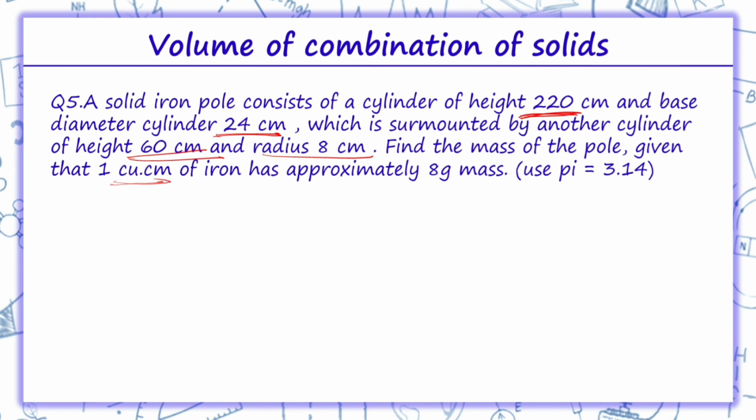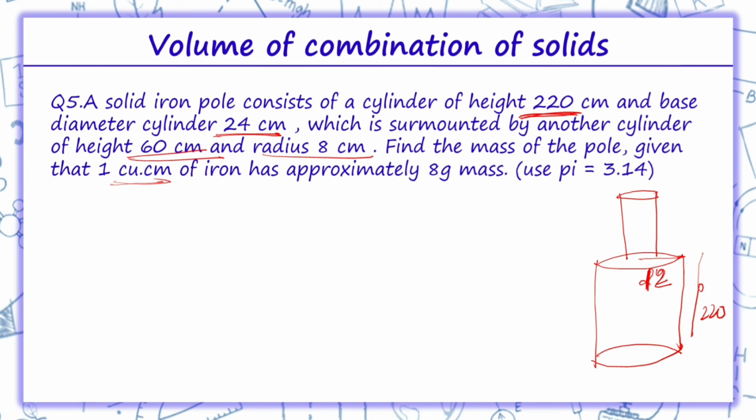So over here it is given this is one cylinder whose diameter is 24, that means the radius will be 12 centimeter and its height is 220 centimeter. Now it is surmounted by another cylinder. This other cylinder has radius 8 centimeter and its height is 60 centimeter.